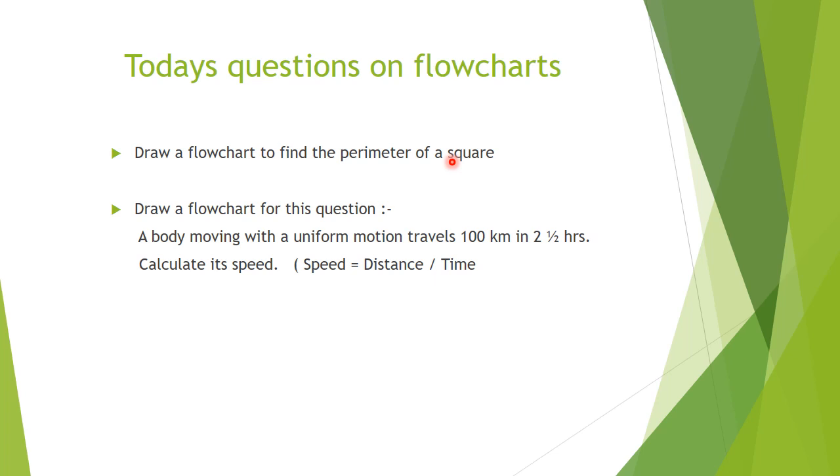And the second is drawing a flowchart for this question: a body moving with uniform motion travels 100 kilometers in 2.5 hours. Calculate its speed. The formula for speed is equal to distance by time. That is the formula for calculating the speed.